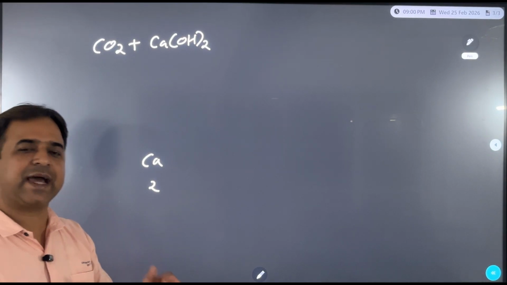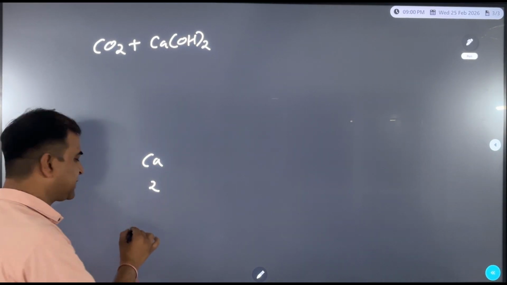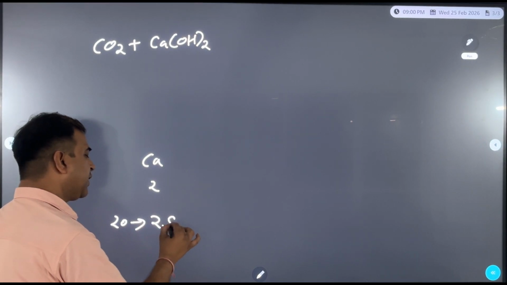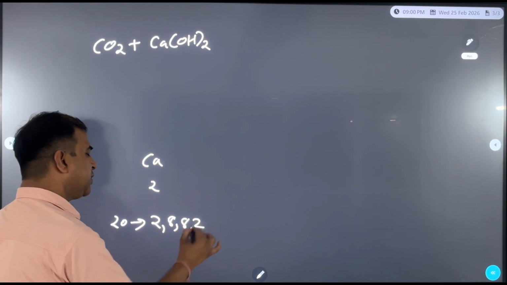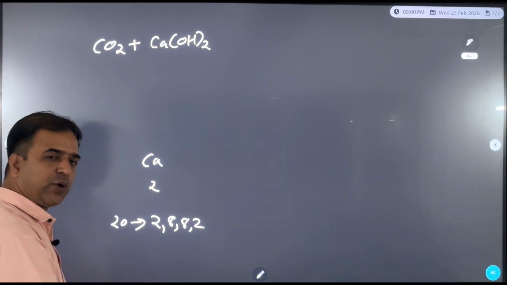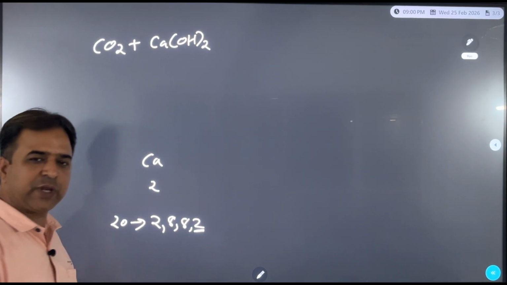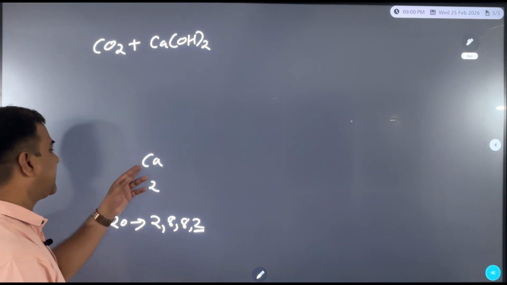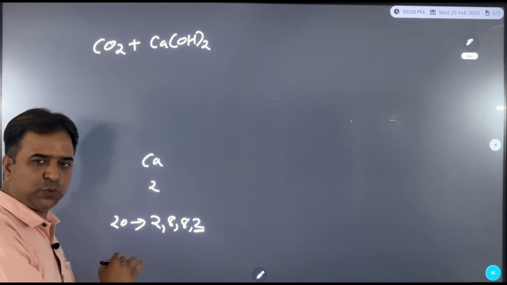Why so? Because the atomic number of calcium is 20, so the electronic configuration would be 2, 8, 8, 2. The last shell has 2 electrons. It is a metal, so it will donate 2 electrons, and that is why its valency is 2.